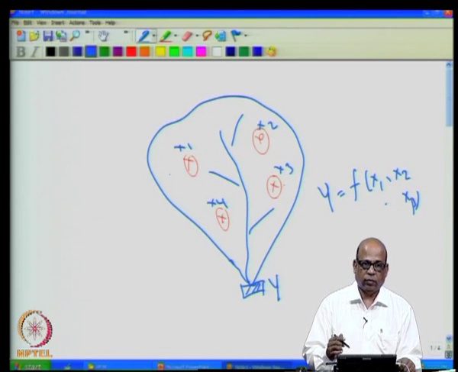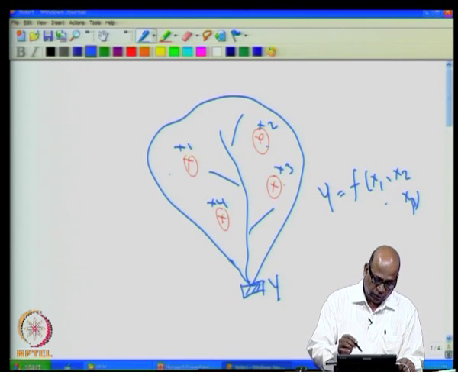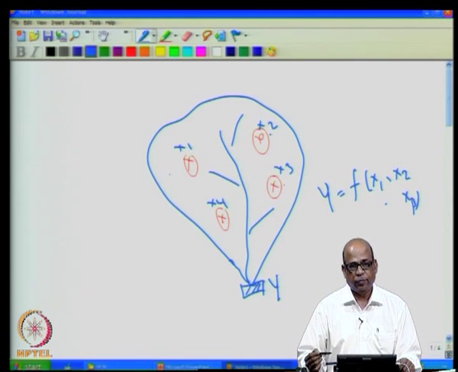Let us do this exercise. The first point to be noted here is that x 1 and x 4 may be correlated, x 1 and x 2 may be correlated, because they may come from the same hydrologic region. We are talking about this watershed here, and therefore, they may come from the same hydrologic region.